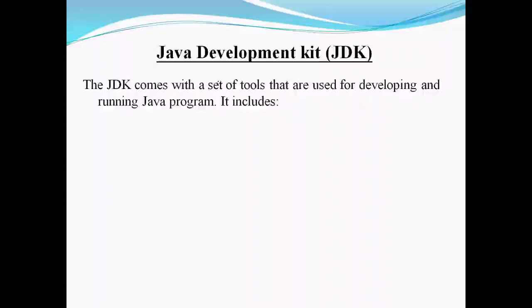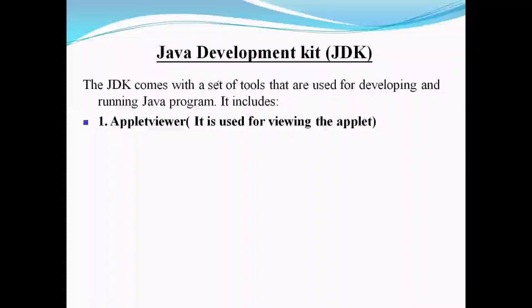If you want to write a Java program on your computer and you want to execute it, you need to install the JDK software. And this JDK software includes so many tools which allows you to write and execute the programs. So let's see which are the tools included in JDK.